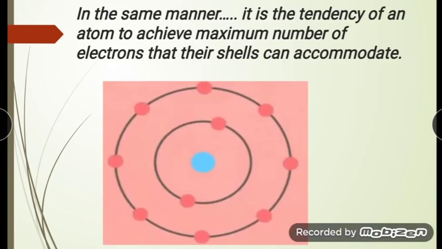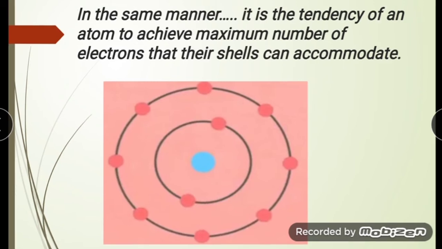Similarly, atoms want to have the maximum number of electrons their shells can accommodate. That means they want to achieve the stable state. That is the reason why atoms of different elements are in constant struggle to achieve the octet state, or we can say the stable state. Now children, what do you mean by stable state?